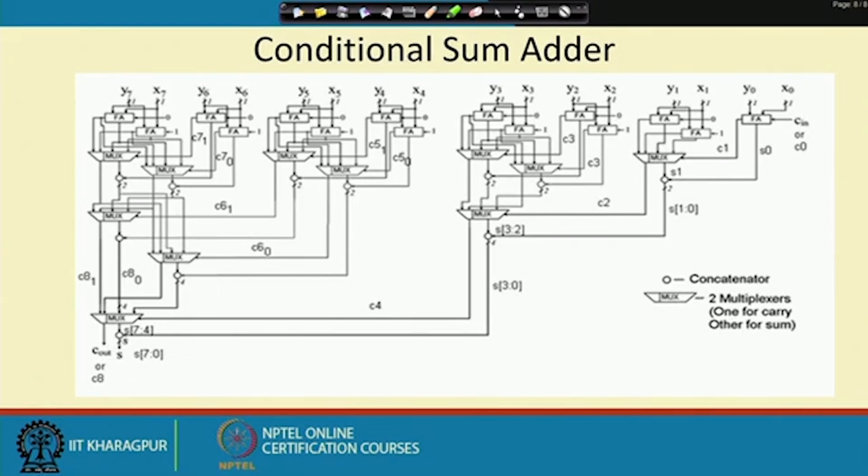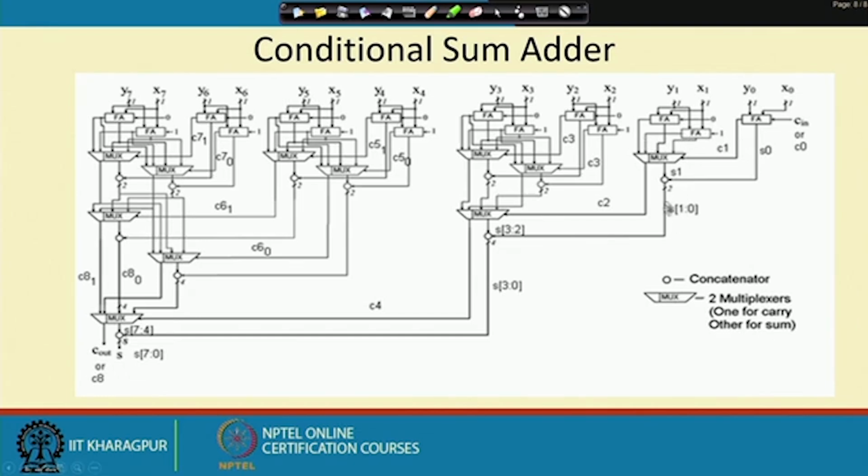Whenever I get the previous carry C1, based on that we decide which output from these two full adder cells will pass. If the carry signal is 0, this full adder cell will pass its values; otherwise, if it is 1, the other full adder cell's sum and carry will pass through these multiplexers.